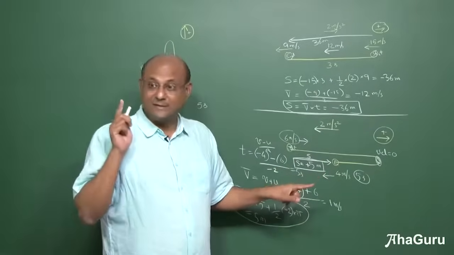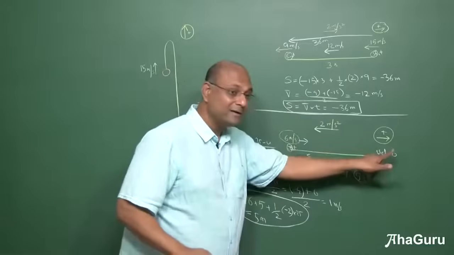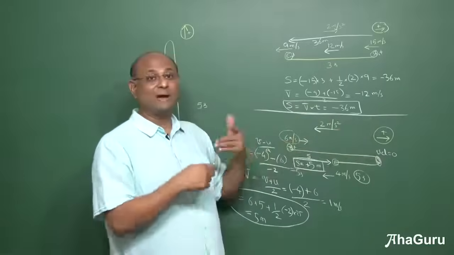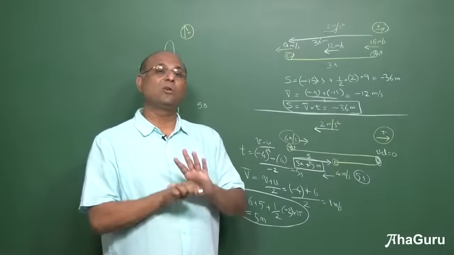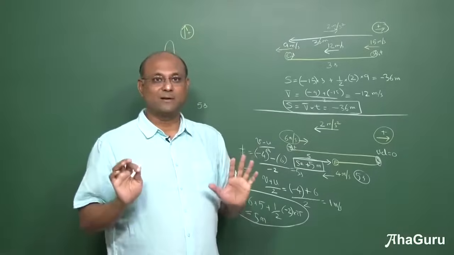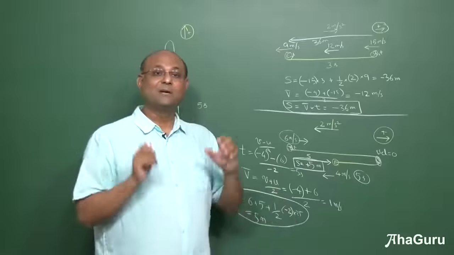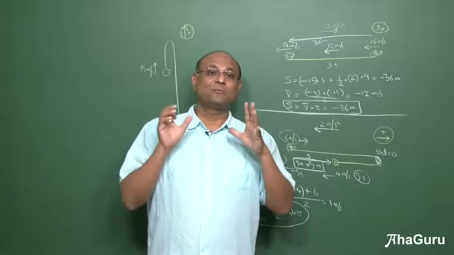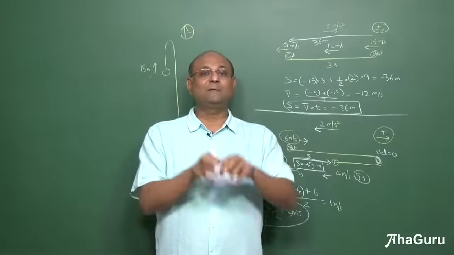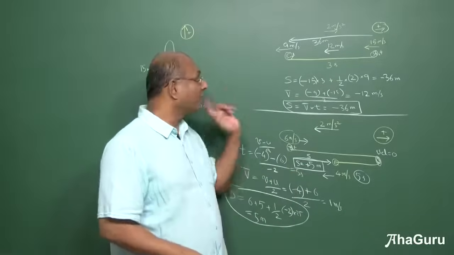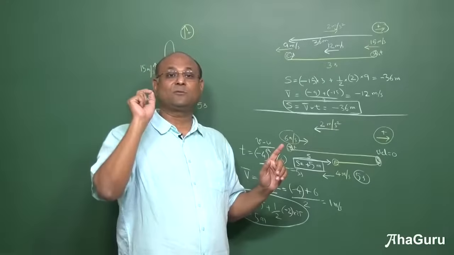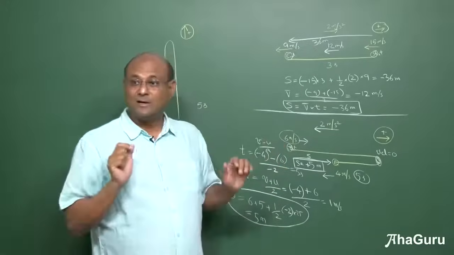But if you want to calculate distance, I have to calculate that, and then I have to calculate this, and I have to add, which is a lot of extra work. So usually displacement is a lot simpler. That's one of the reasons we do this in physics. Physicists are lazy. So in physics, we want to make life easy. And life is easy if you calculate displacement. The formula S is equal to ut plus half at square is for displacement, not for distance.